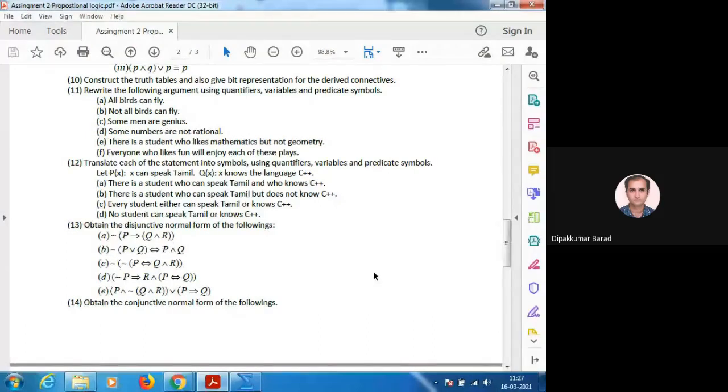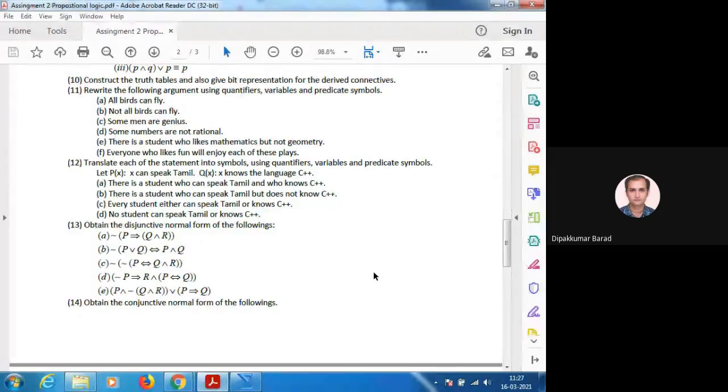So the first step to convert any statement into a disjunctive normal form is that you have to remove the implies and double implies by using equivalence expressions, which contain connectives like and, or, and negation.